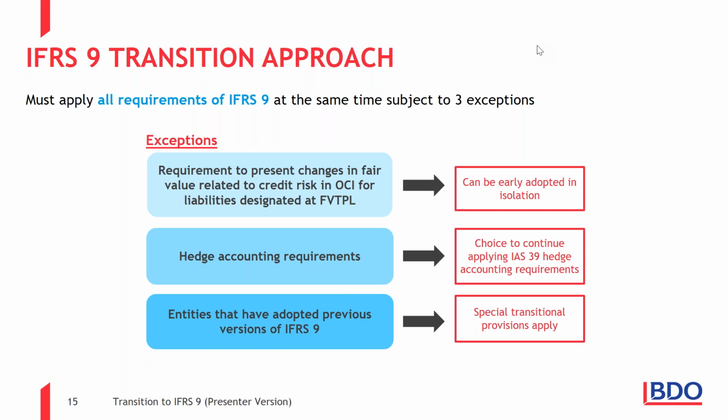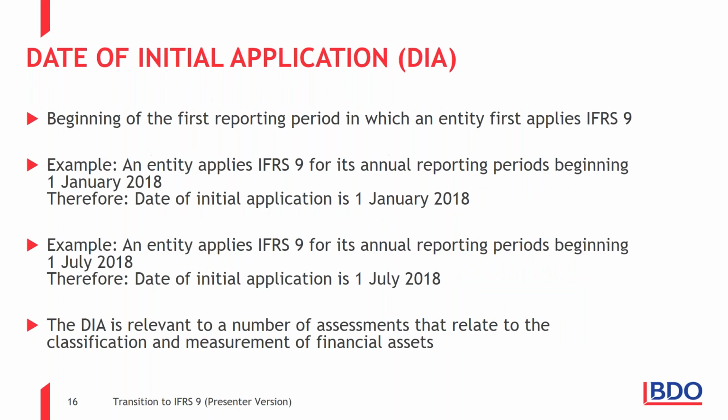If you look at your hedge accounting requirements, you do have an accounting policy choice to continue to apply the IAS 39 or the AASB 139 hedge accounting requirements. And then the third exception is that if you have previously adopted previous versions of IFRS 9, and I would say previous incomplete versions of IFRS 9 because it was issued piecemeal, there are special transitional provisions for those entities. So that's the general principle that we've got.